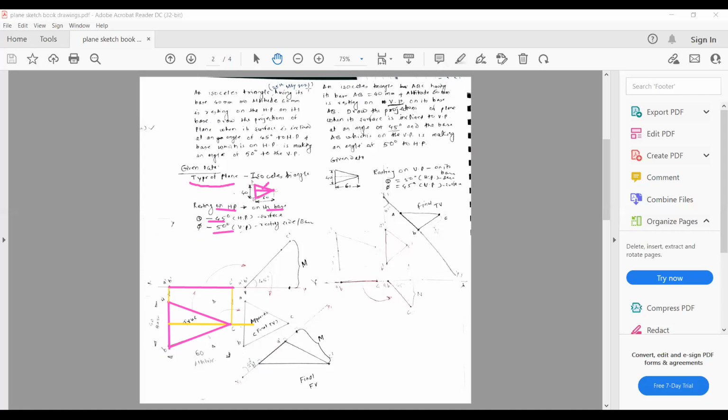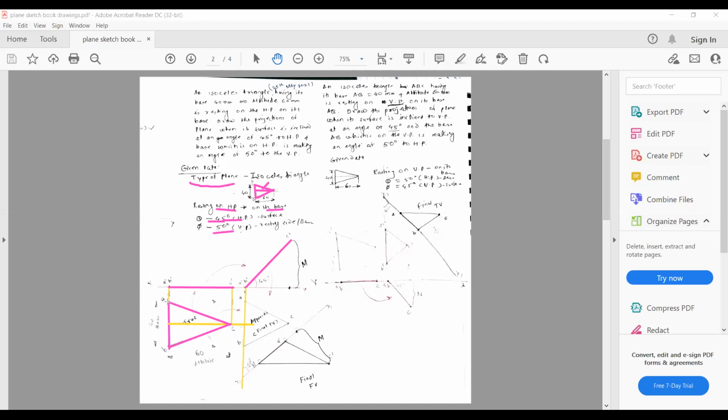Then mark any one point here, and through this point draw a line at 45 degree incline, which is given for the surface. Take the length of this 45-degree inclined line equal to the first stage front view, A dash, B dash to C dash. Same distance you will take at 45 degree, and then further take the projections from the points A and B, vertically down.